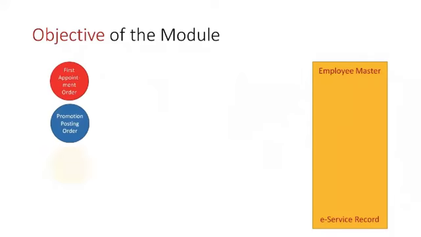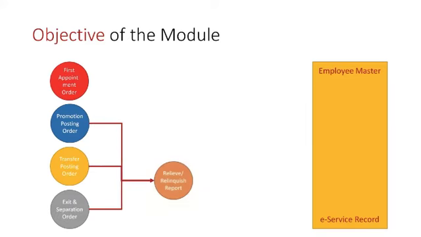We will see how this is to be treated as an event and how a trigger is to be used for updating our data. So these are the four types of career events: first appointment, promotion, transfer, or exit.